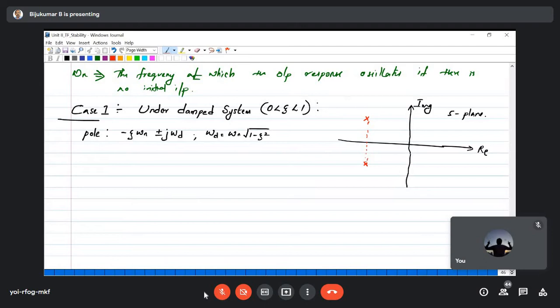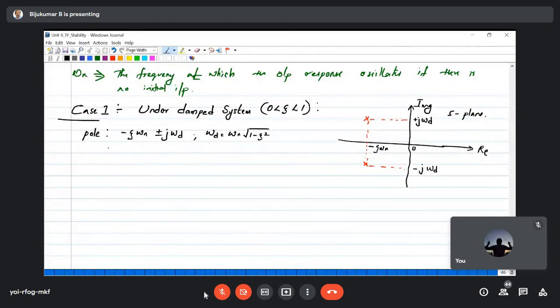We cut the negative real axis at some point. This is minus zeta omega n. This is the origin. This is plus j omega d. This is minus j omega d.